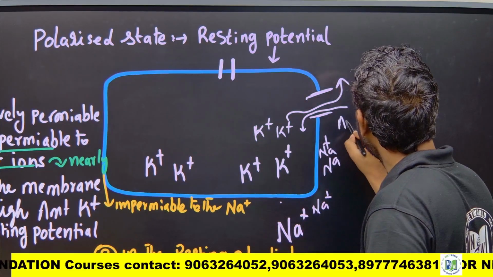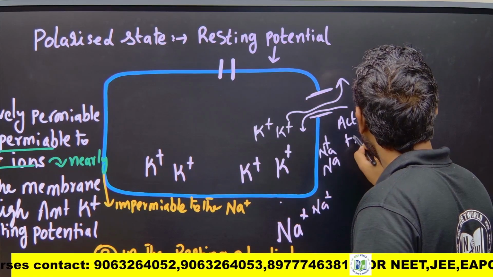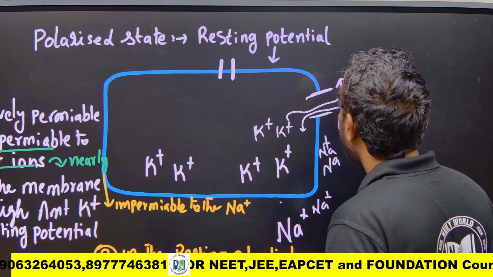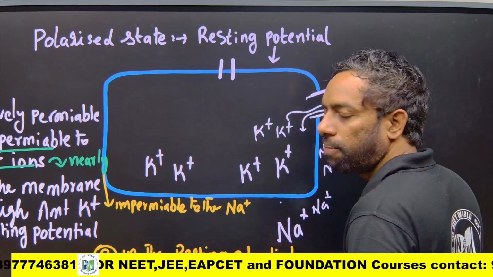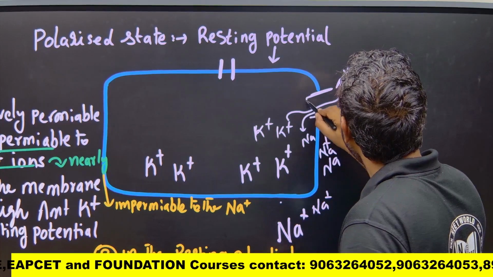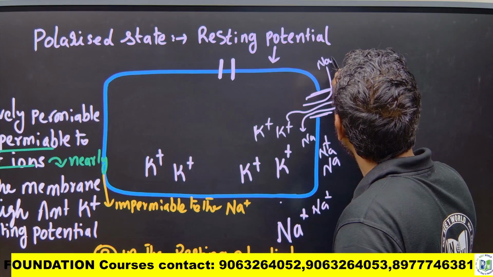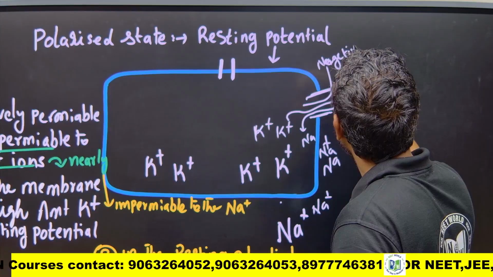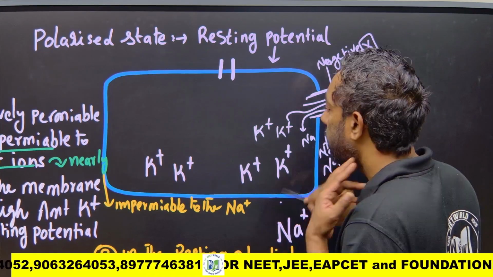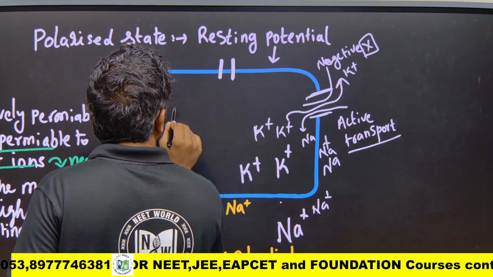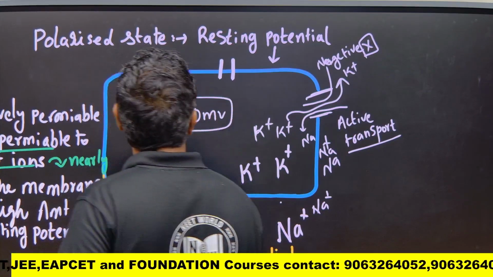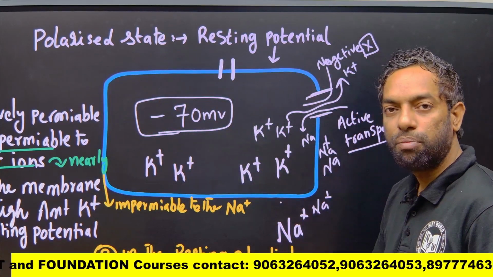This is active transport. In this condition potassium mostly tries to exit and very little sodium enters, and negative ions are not allowed to go out. If potassium exits, the resting potential is maintained at minus 70 millivolts.